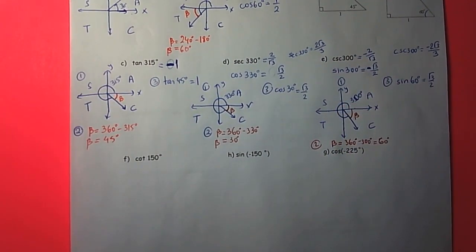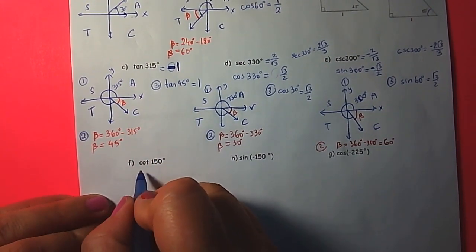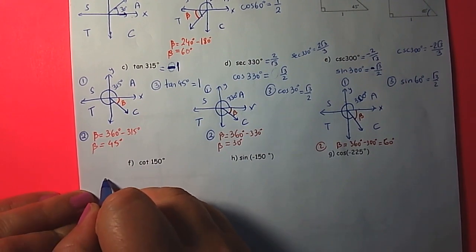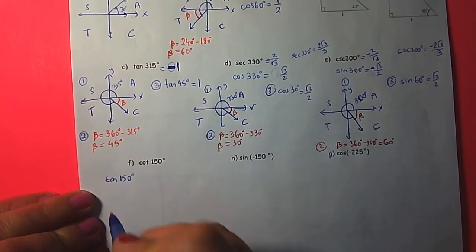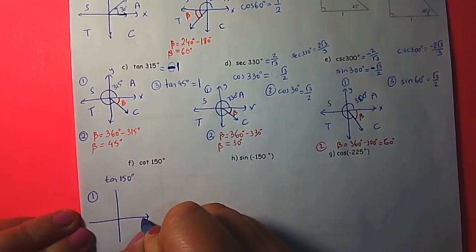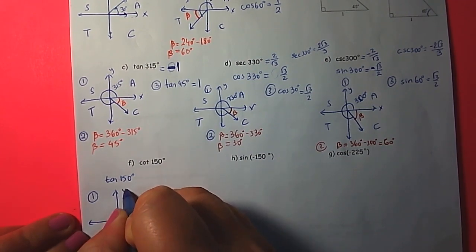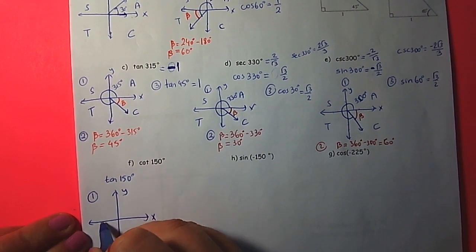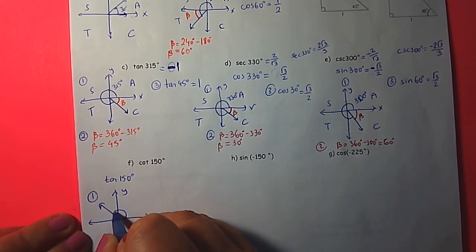Let's look at the next example. Cotangent 150. So again, write the related primary ratio first. So we have to get tangent 150 first. So step 1, sketch the angle. So 90, 180, so 150 should be in the second quadrant.